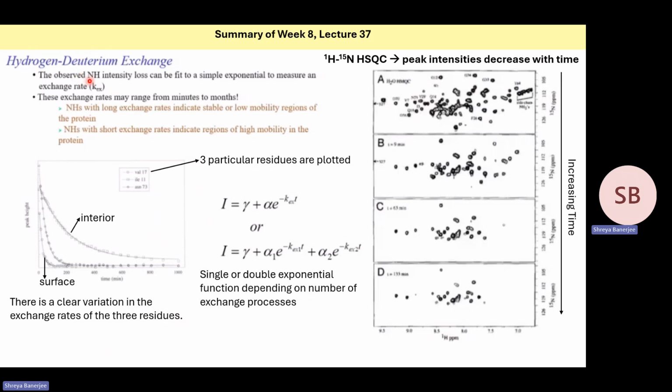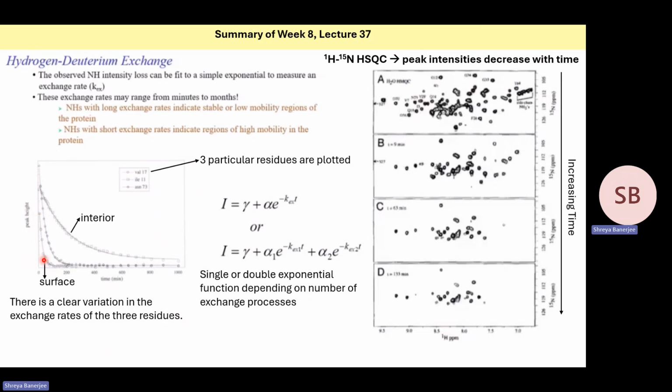So observed NH intensity loss can be fit to a simple exponential curve in order to measure the exchange rate. So in the x-axis, you have time in minutes, and in the y-axis, you have the NH intensity, that is slowly reducing. Suppose you have this innermost graph, where the intensity is suddenly and very rapidly dropping.